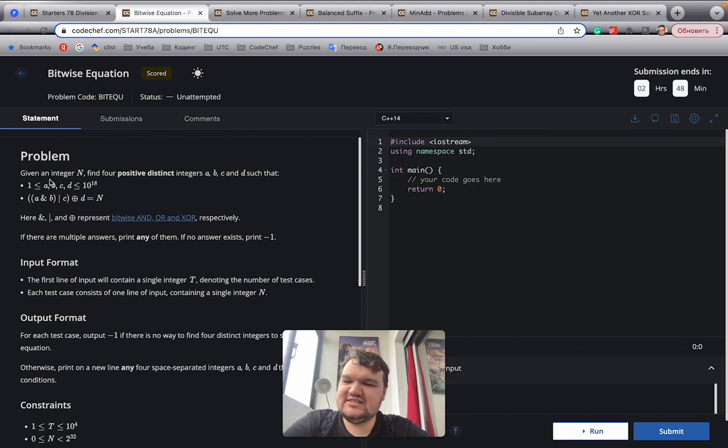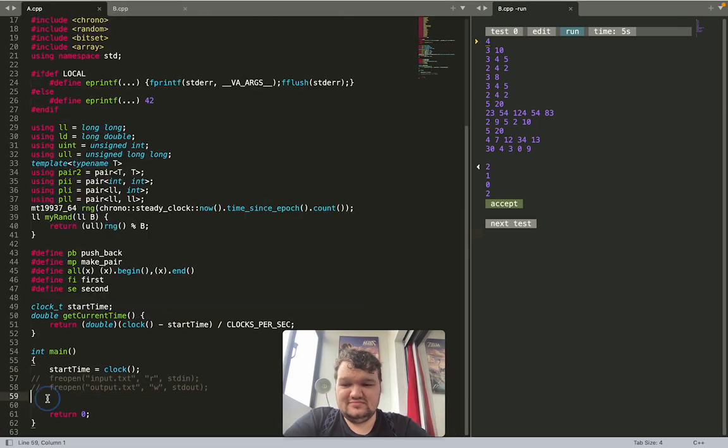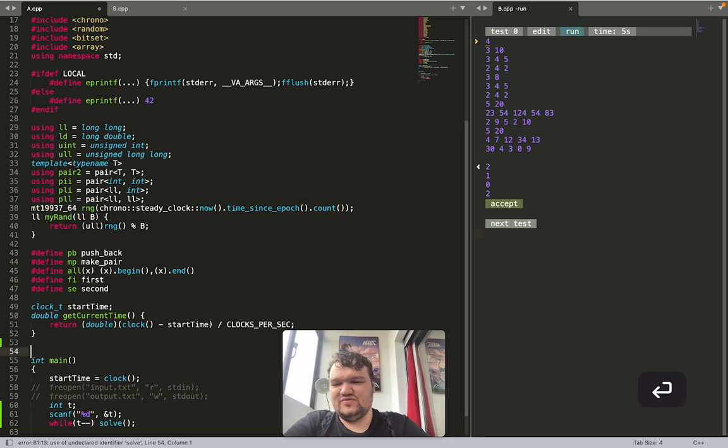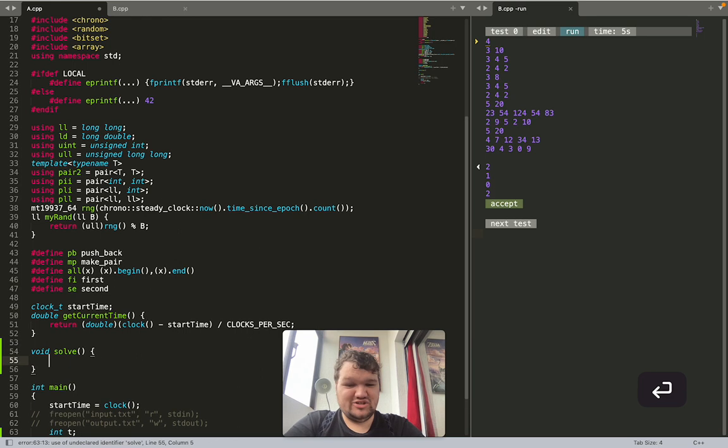Or we can just say that D is equal to N, and then set some higher bits that will die out. Yeah, that sounds like a plan. Just a weird problem. There is nothing to solve. Just do anything.